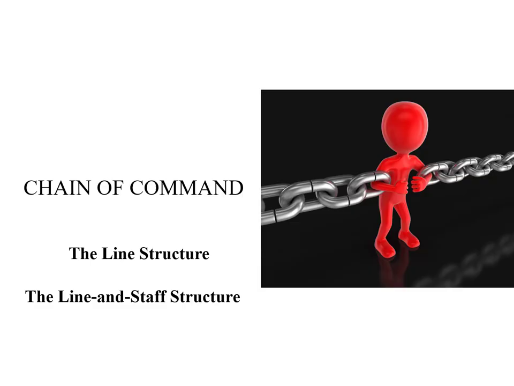One thing we can do is integrate line and staff managers into a single team. We could also ensure that areas of responsibility of line and staff managers are clearly defined so they're not stepping on each other's toes. And lastly, we can hold the line and staff managers accountable for the results of their specific activities.